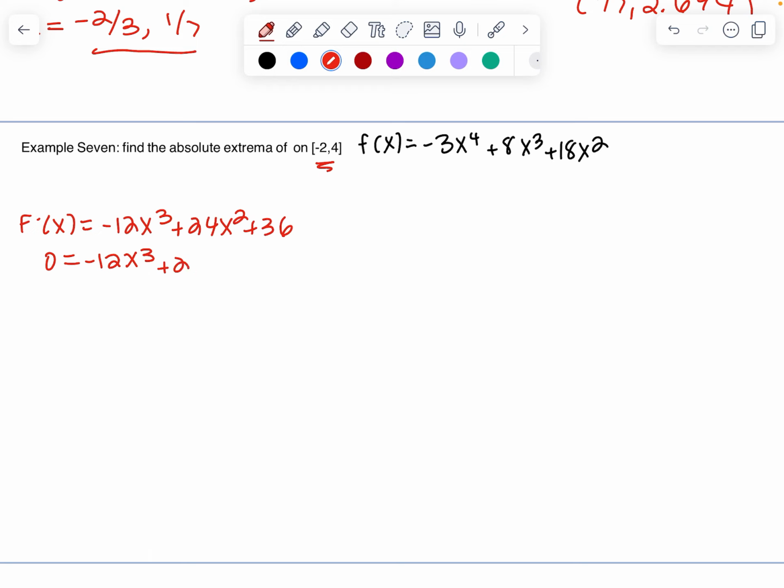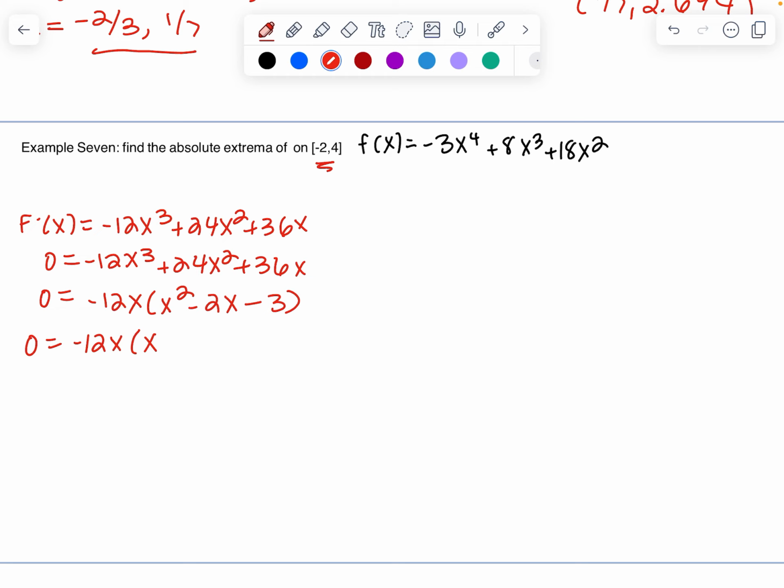You can try this on your own if you want to. I'm going to pull out the greatest common factor, which is 12. I'm going to pull out a negative 12 because the leading term is negative 12. Oh, and sorry, this should have an x on it. I'm going to pull out negative 12x. I get x squared minus 2x minus 3. Then I can factor what's inside the parentheses really quickly.